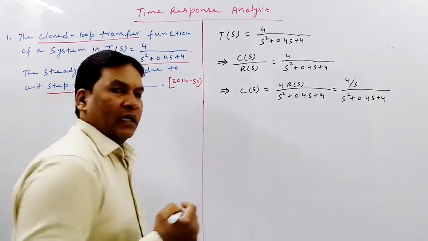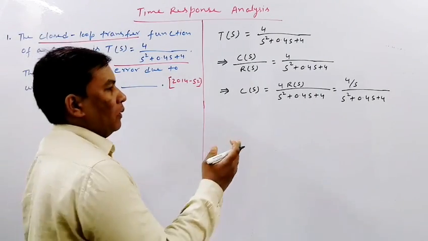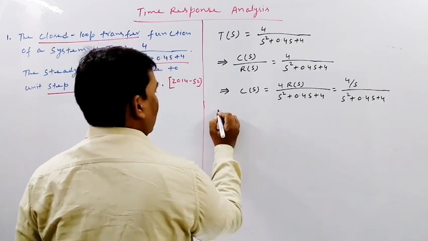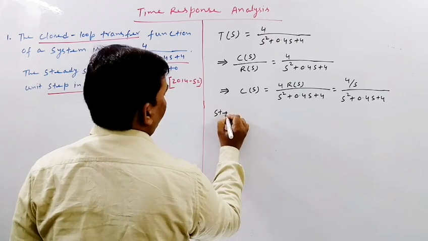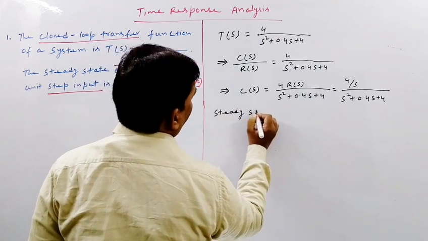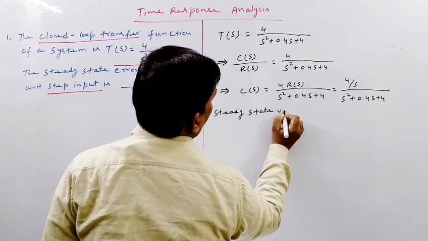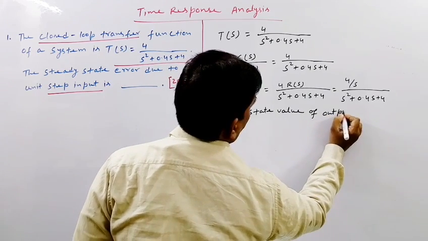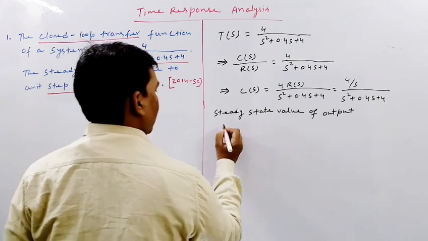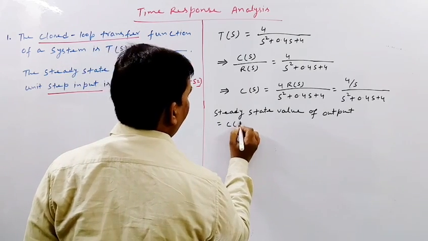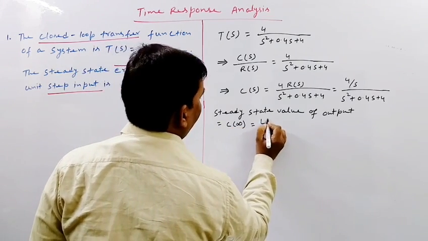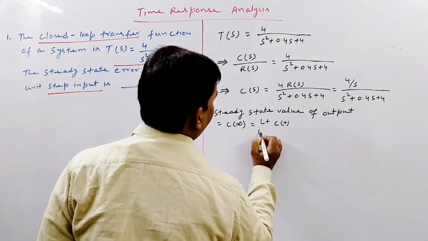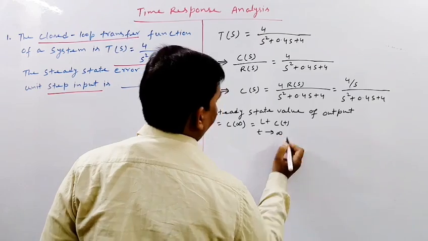Now what will be the final value of output? Means what will be the steady state value of output? So a steady state value of output is equal to C infinity, or you can say limit c(t) when t tends to infinity.